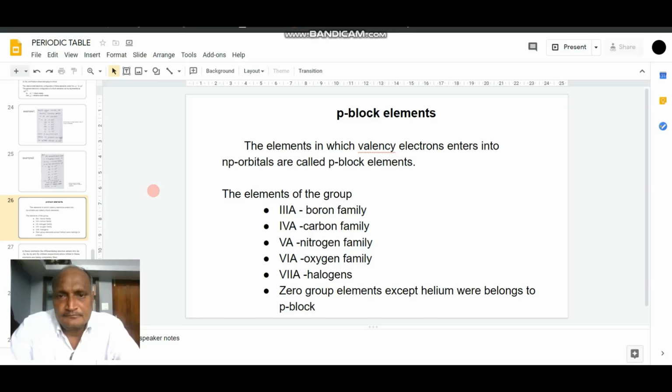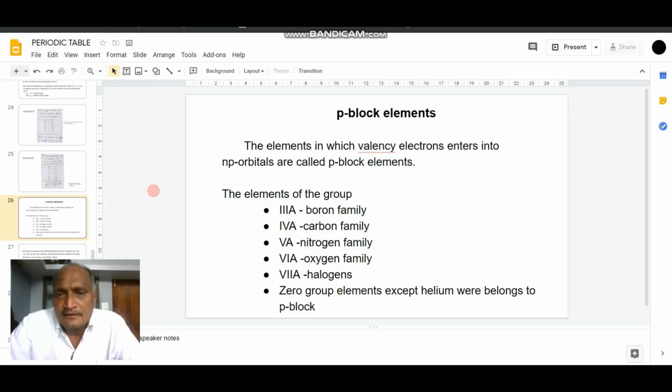Coming to the p block elements, as we know, the classification of elements divides them into 4 blocks, namely s block, p block, d block and f block. When we come to the p block elements, the elements in which the valency electron enters into np orbitals are called p block elements.